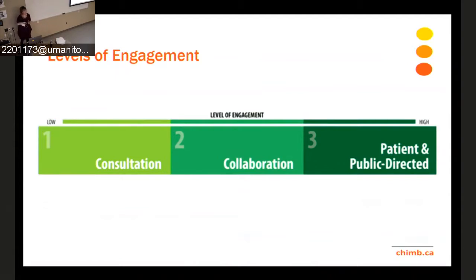When we move to collaboration, this means shared decision-making between communities and researchers. And then when we come to patient and public directed, this actually means patients, caregivers, communities actively manage and direct the research project. Researchers' job then is to provide advice and even sometimes conduct the research, but under the management of the community.